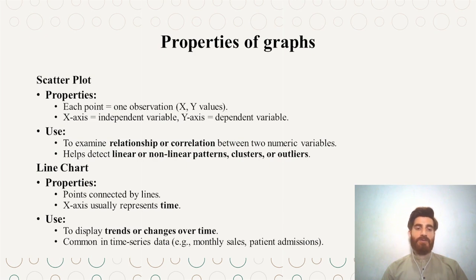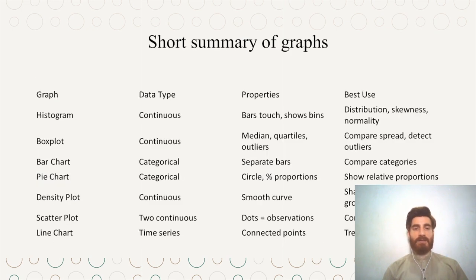The x-axis usually represents time. It is used to display trends or changes over time, common in time series data like monthly sales, patient admissions, etc. This is a short summary of the graphs. Histogram, box plot, and density plot are used for continuous data. Bar plot and pie chart are used for categorical data. Line chart is used for time series, and scatter plot for two continuous variables.